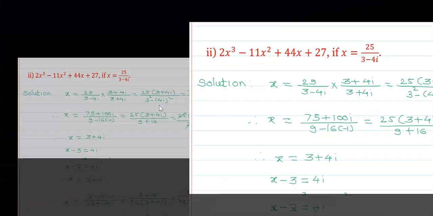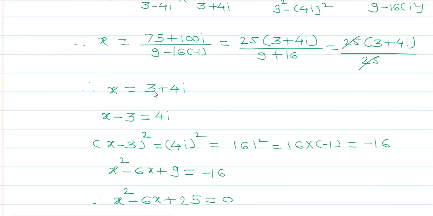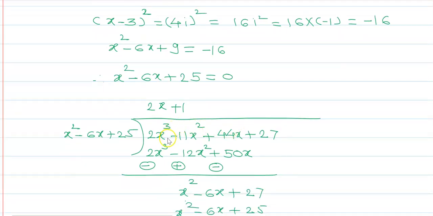And you can see this again. Simplification. Okay, x is equals to 25 upon 3 minus 4i. After simplification you are getting x is equals to 3 plus 4i, x minus 3 is equals to 4i. Squaring on both sides, simplify. x square minus 6x plus 25 is equals to 0. Now this is the divisor, and the dividend is 2x cube minus 11x square plus 44x plus 27.